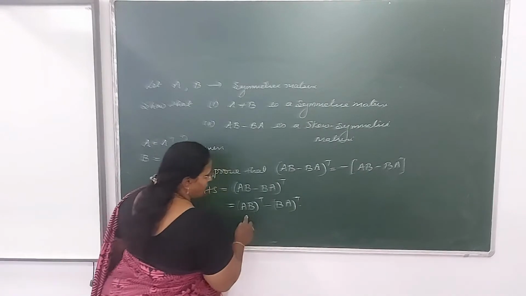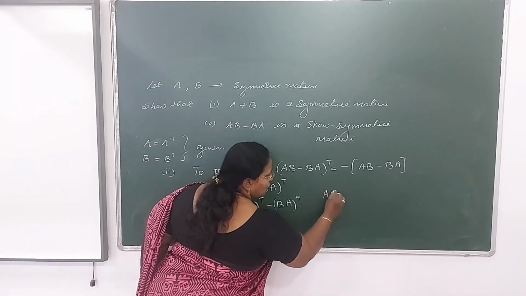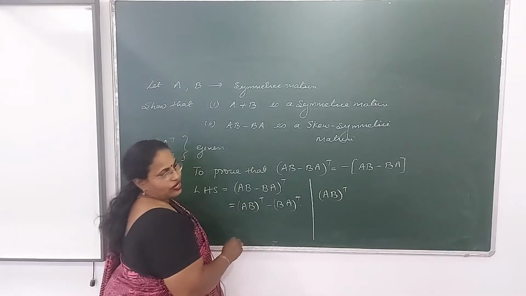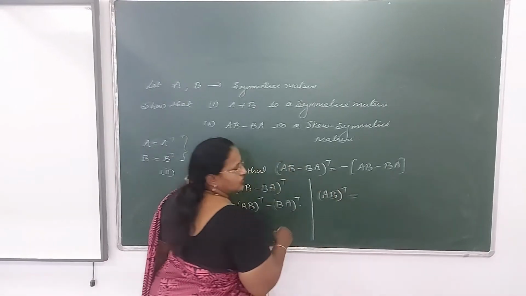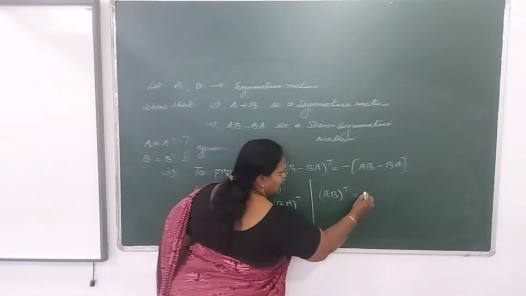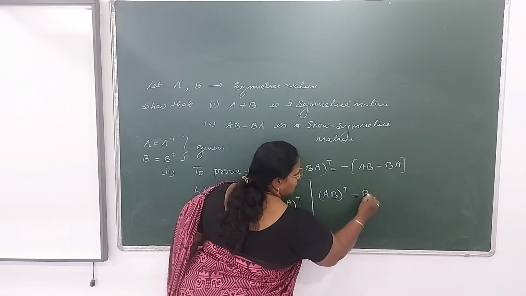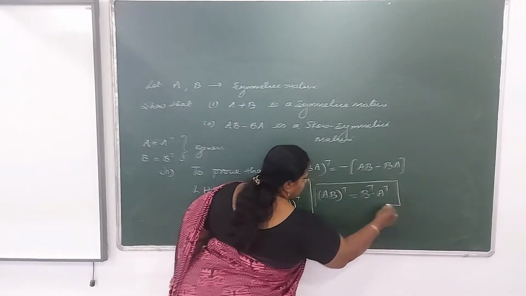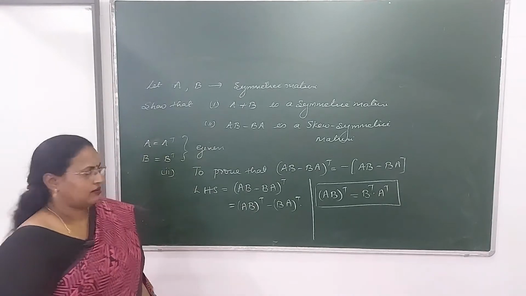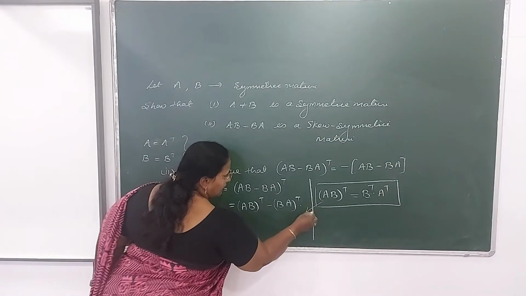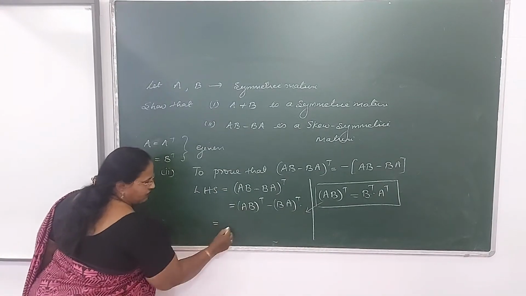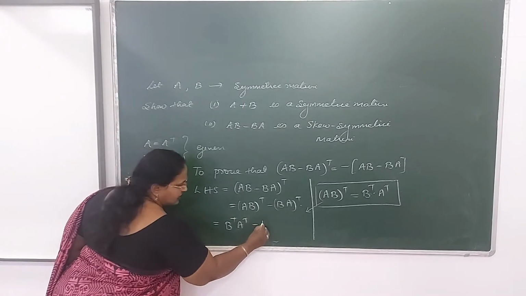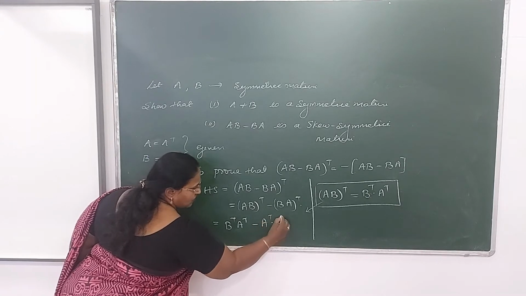Now, for multiplication also, you know the property: AB whole transpose obeys which one? The reversal law. And what is that law? It is equal to B transpose into A transpose. So let us apply the property here. So by that you can write the first one. This is B transpose into A transpose minus A transpose into B transpose.